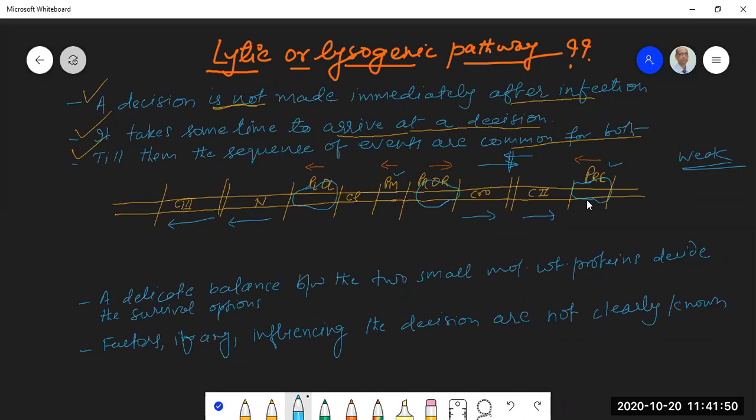RNA polymerase by itself finds it difficult to identify this promoter. So for identifying this promoter, what does RNA polymerase require? For PRE, it requires positive regulator proteins for identification. And for promoter PM, it requires repressor protein at OR2.